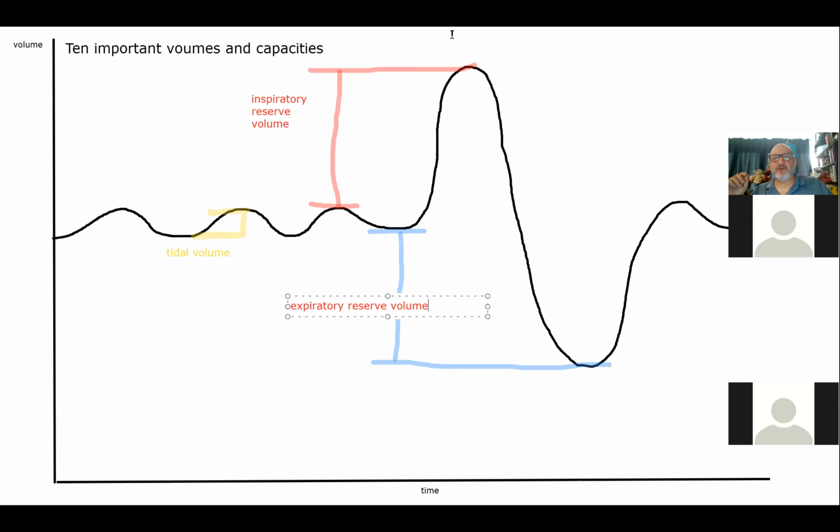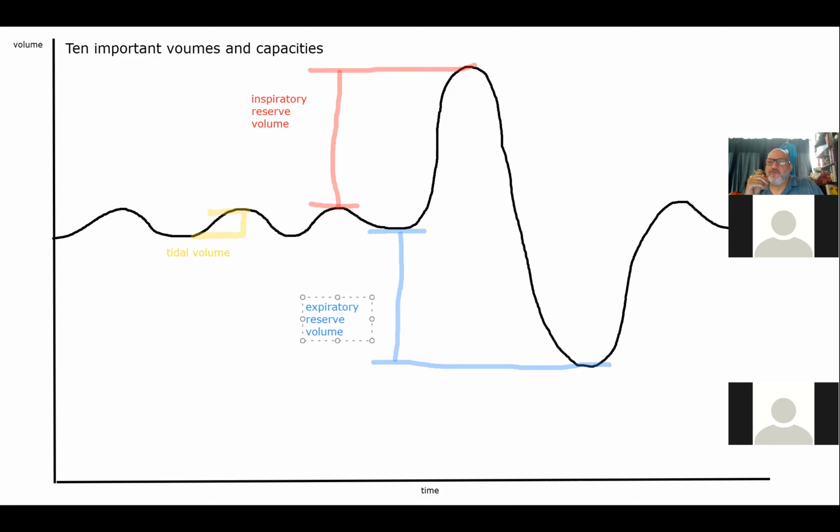Oops, and I want that to be blue. This is all of the extra air we could move out of our lungs if we wanted to. All right, with me so far?